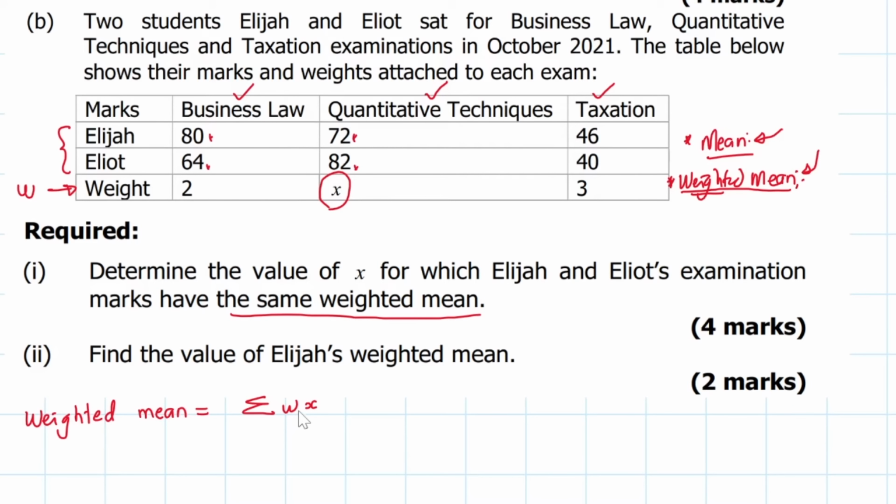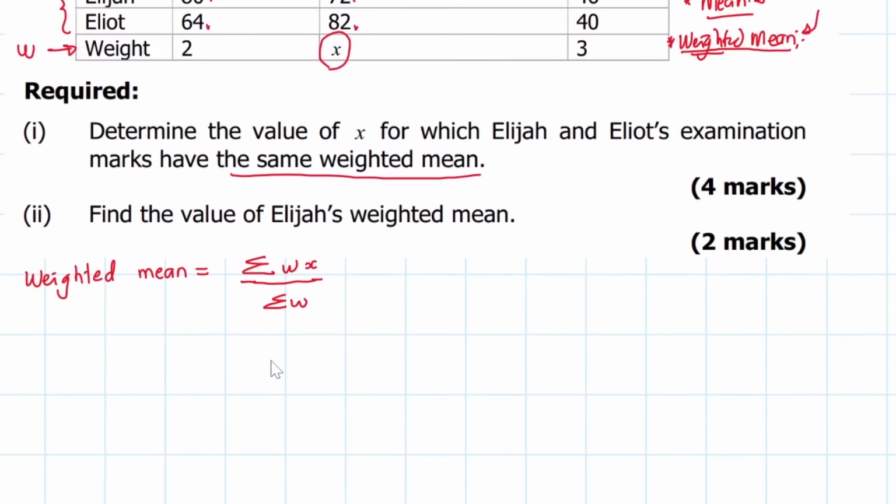So it is w times x, divided by the total weight. How does this formula come to be? I'm not going to go into those details now. We will be explaining those things when we are doing the topical based videos, the syllabus videos. These are just revision series. Okay, so let's get started.